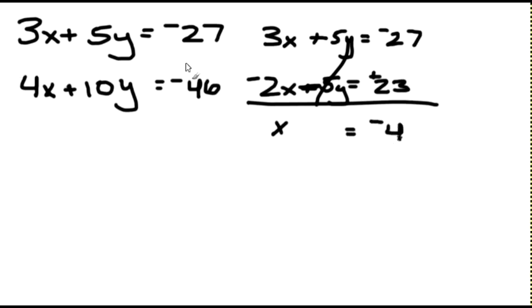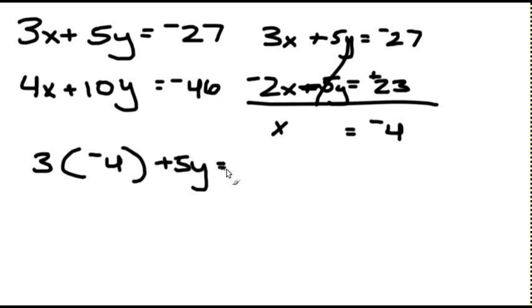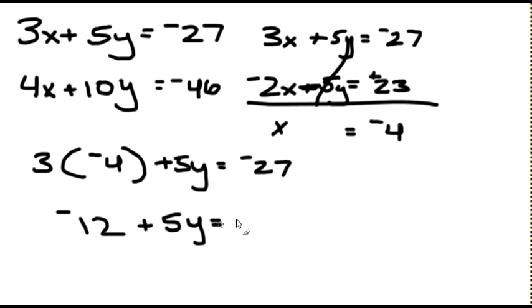So then we can take that and we can go back to these equations. So you have 3 times negative 4 plus 5y is equal to negative 27. So negative 12 plus 5y is equal to negative 27.